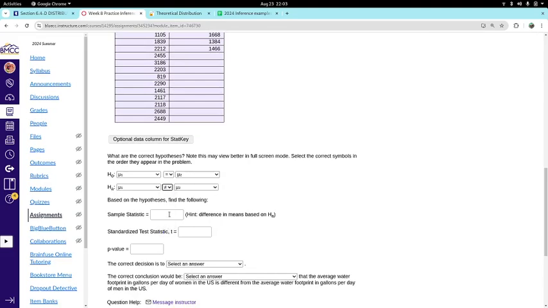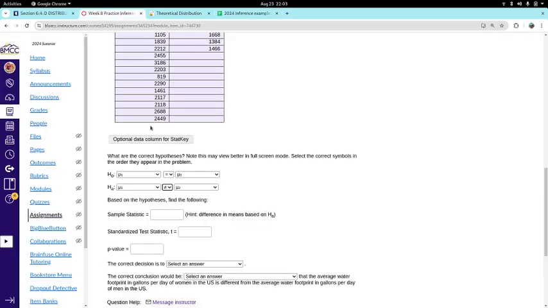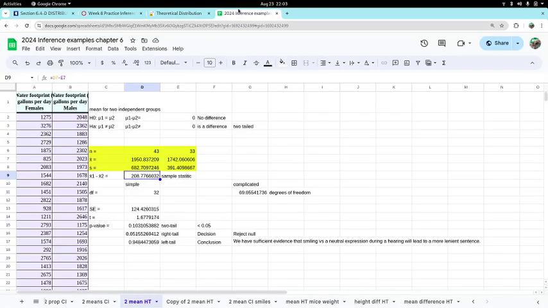All right, our sample statistic is the difference in the mean of the females from the males, and the spreadsheet did that for me here. I'm getting a difference in means of 208.777. How many decimal places do we want here? 1. So 208.8.